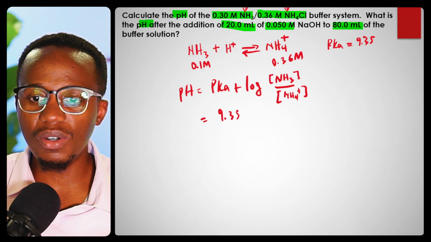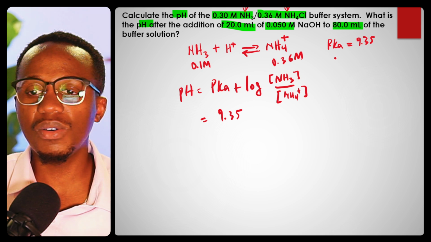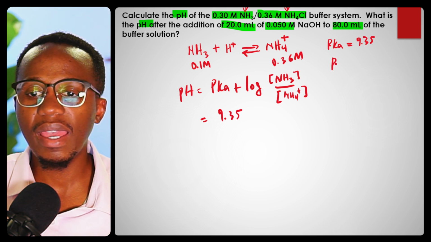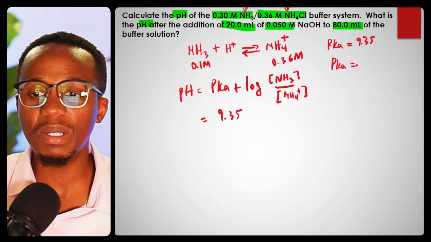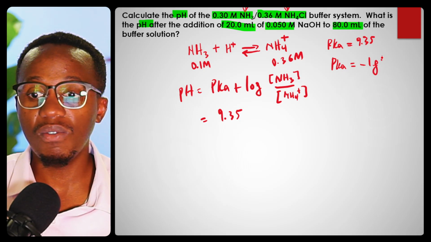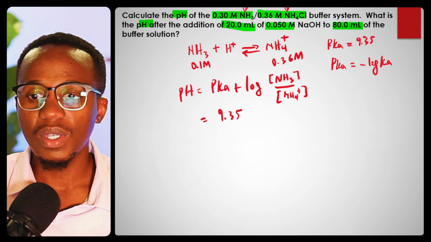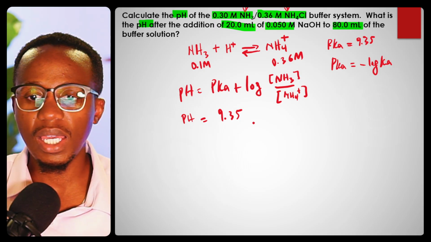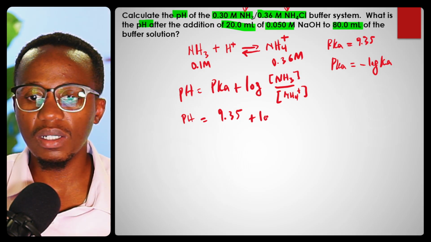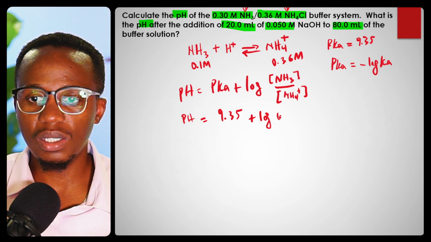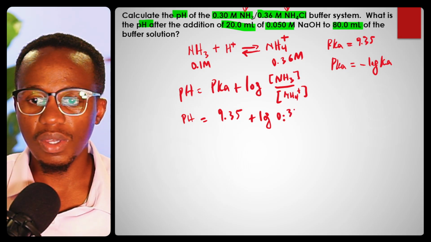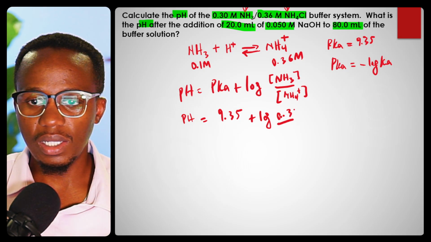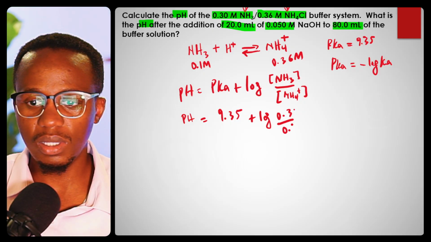So you're either going to be given pKa or you're going to be given Ka. And if you're given Ka, remember that pKa is negative log of what? Of Ka, right? So pH is equal to pKa plus log of NH3, which is 0.3 molar, over the other one, 0.36 molar, right?